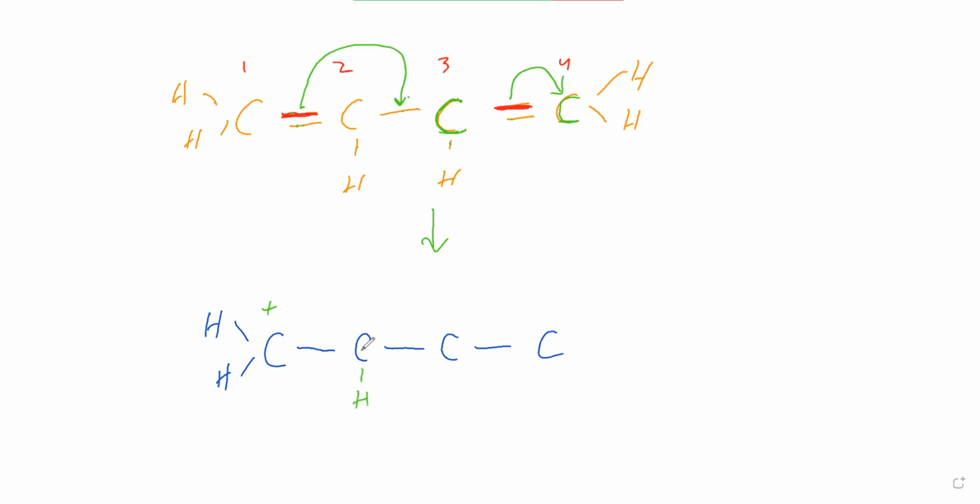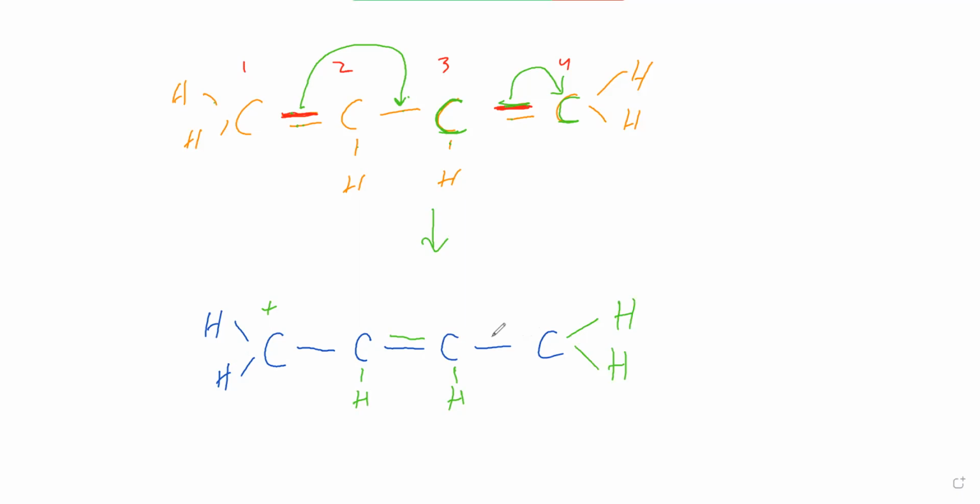Now look at carbon number 2. Nothing happened to this, because before it had 4 bonds and still it has 4 bonds. You see the pi bond moved here. But look at carbon 3. Before it had 4 bonds, still it has 4 bonds. But because this pi bond has been moved to this carbon, you can see this carbon is carrying 3 bonds.